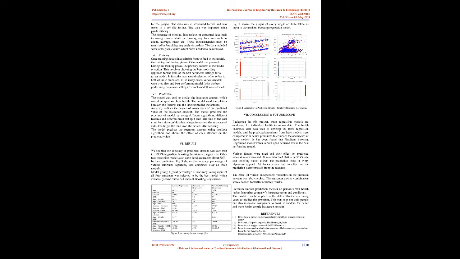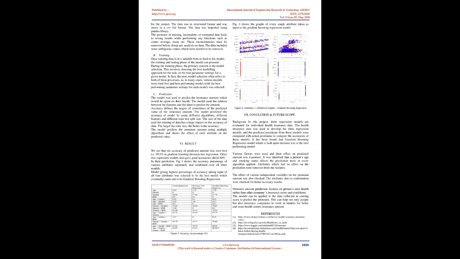V. Designing and implementation. A. Data preparation and cleaning. The data has been imported from the Kaggle website. The website provides a variety of data, and the data used for the project is insurance amount data. The data included various attributes such as age, gender, body mass index, smoker, and the charges attribute, which will work as the label. For the project, the data was in structured format and was stored in a CSV file.